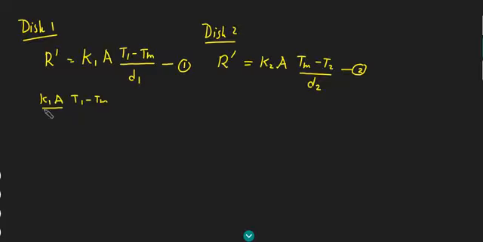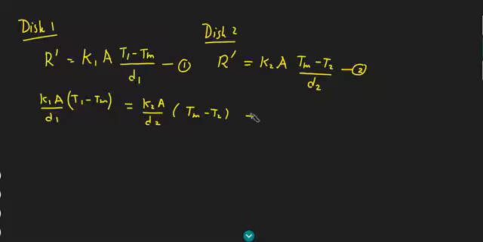I'll put parentheses like that so it becomes more clear what I'm doing. Similarly, on the right hand side, I'll have K2 times A divided by D2, and within parentheses I'll have Tm minus T2.